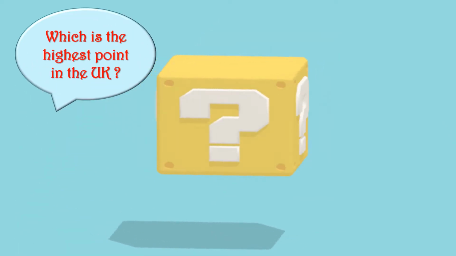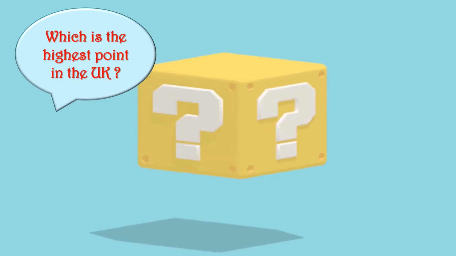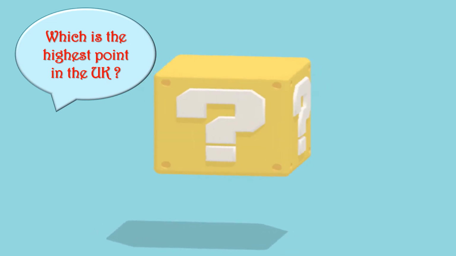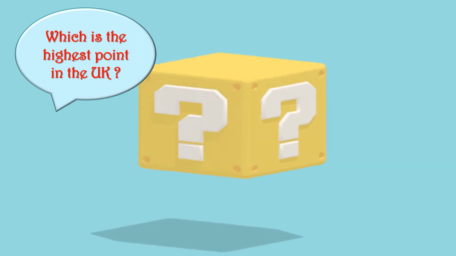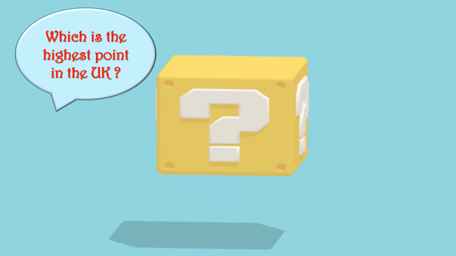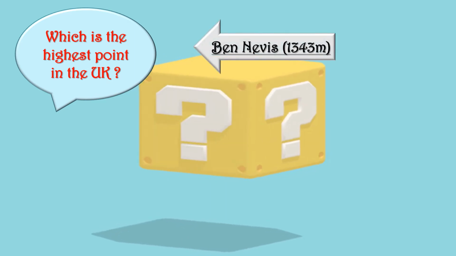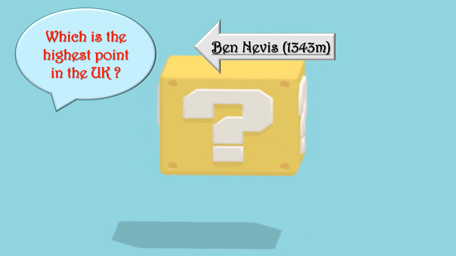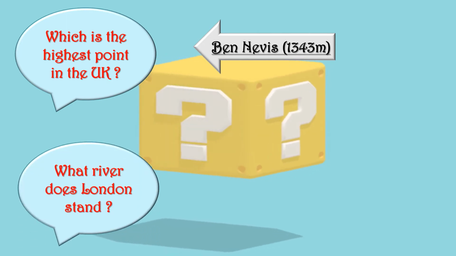Which is the highest point in the United Kingdom? Ben Nevis, 1,343 meters. On what river does London stand?